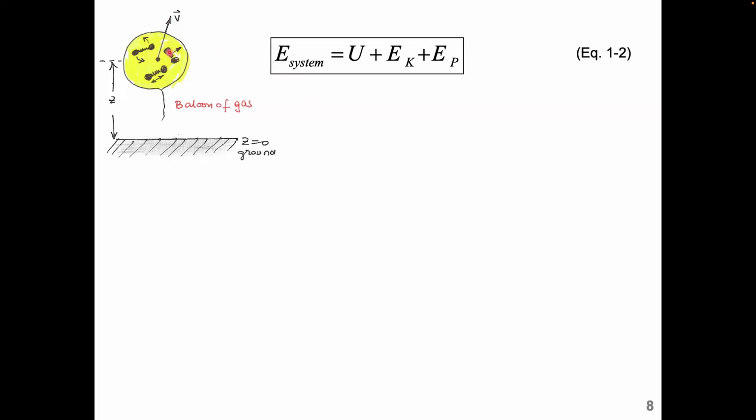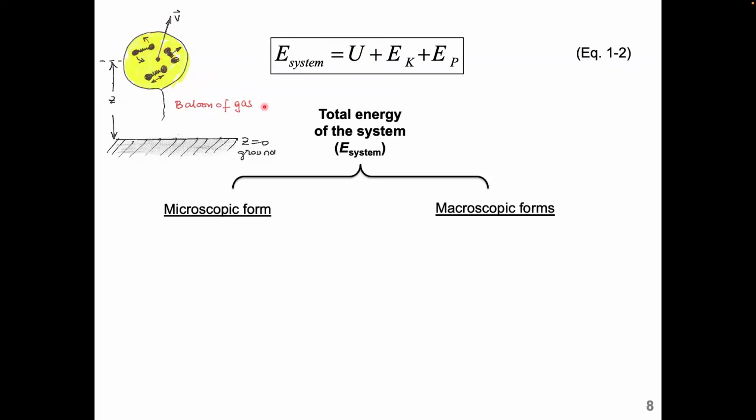Now, if the balloon is slowly rising, you are increasing in height, so your potential energy is increasing. And because this whole balloon is moving at a speed of v, you will have some kinetic energy. And internal energy is really about the gas molecule interactions within this system. Okay, so it's internal energy.